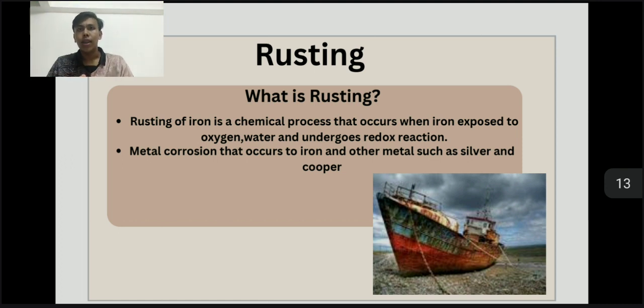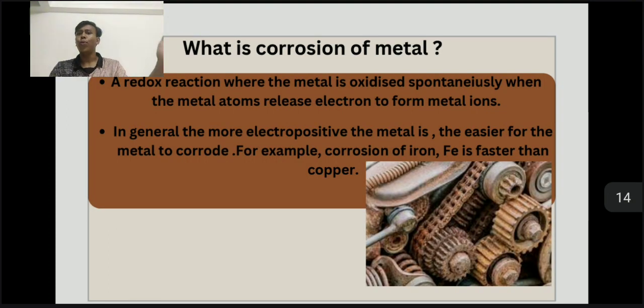What is rusting? Rusting of iron is basically a chemical process that involves water, oxygen, and undergoes redox reaction, while metal corrosion occurs to iron and other metals too, such as silver and copper. So, what is corrosion of metal actually?